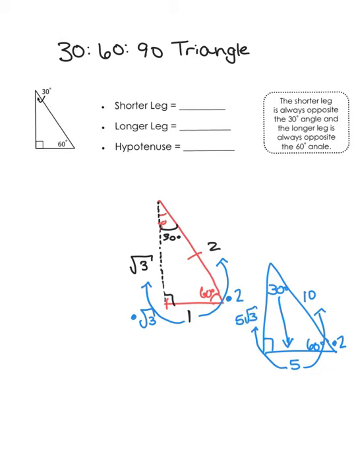So the reality is, it doesn't matter what my short leg is. I'm going to multiply the short leg times 2 to get the hypotenuse, and I'm going to multiply the short leg times the square root of 3 to get my long leg. So when I don't know something, I'm going to put x. If the short leg is x, it doesn't matter what it is. To get the long leg, I multiply that number by the square root of 3.